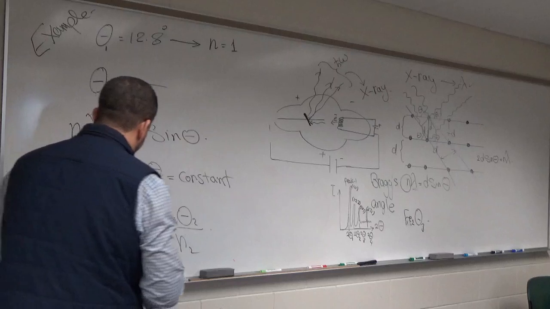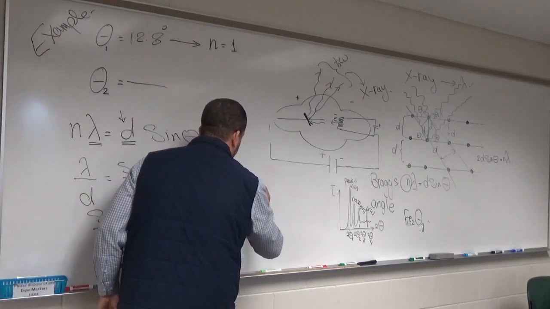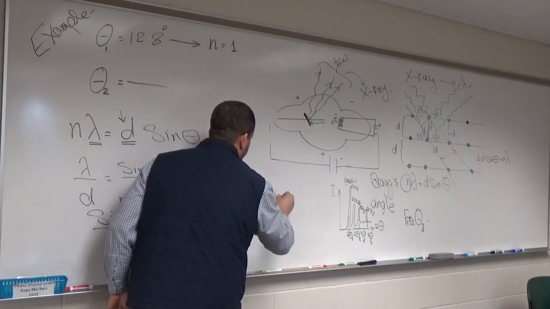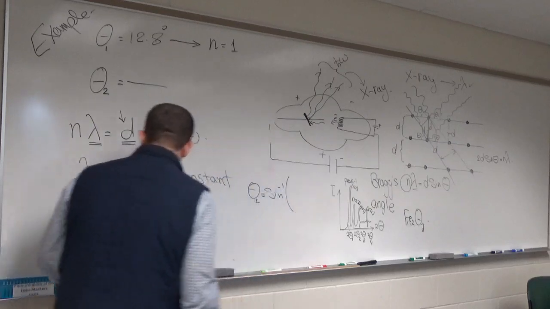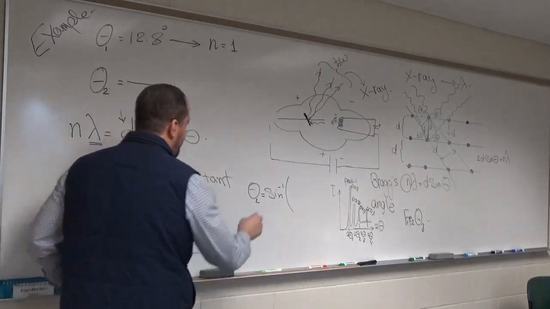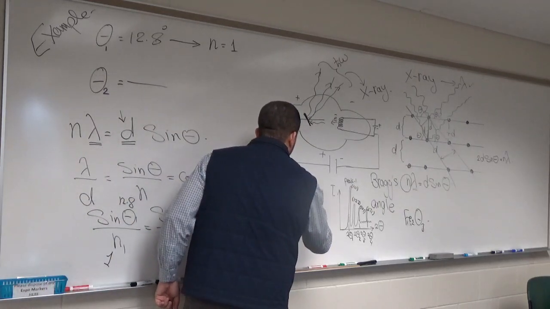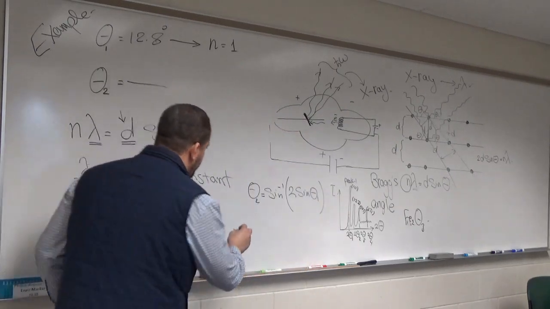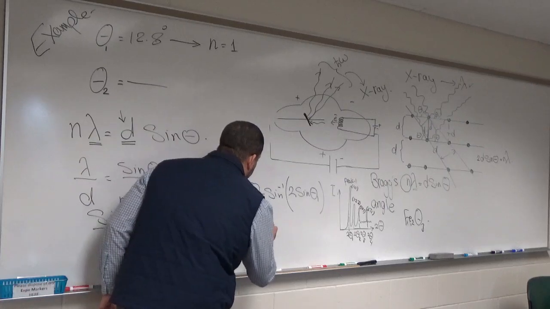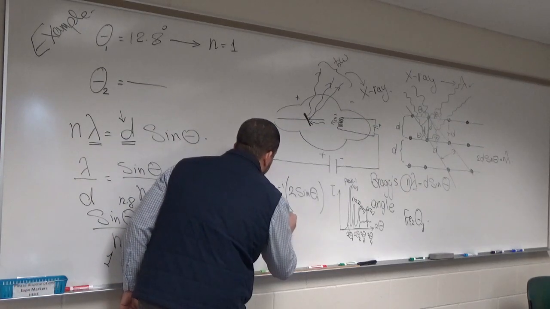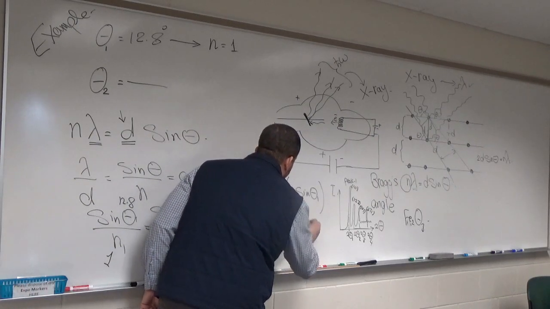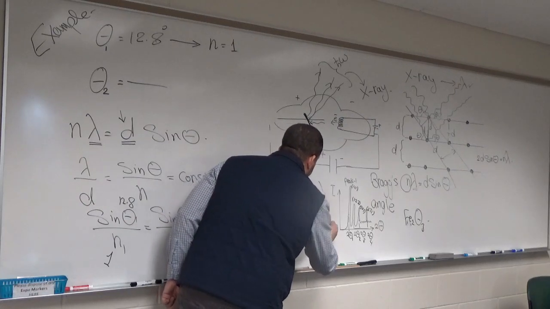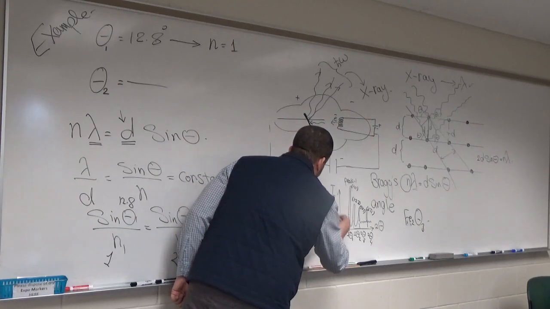So we have now theta 2 is equal to sine inverse of 2 sine theta 1. Or we can write theta 2 is equal to sine inverse of 2 times sine 12.8 degrees.